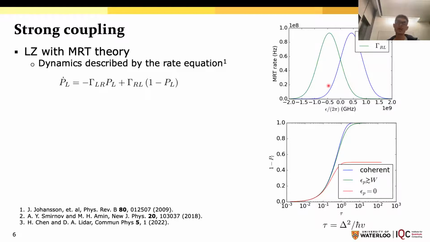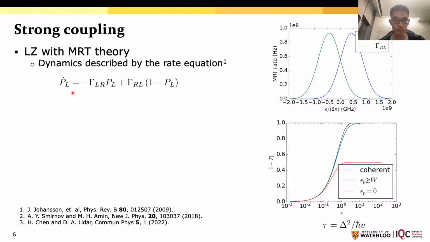So if we apply the macroscopic resonant tunneling MRT theory to the Landau-Zener process, what we get is that the dynamics is completely described by a rate equation. That was, again, because there's no off-diagonal element in the system density matrix.